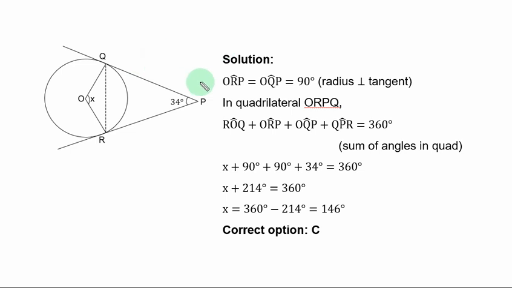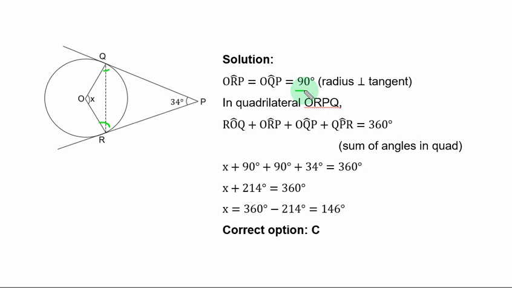Now you should note that anytime a radius intersects with a tangent, the angle formed is 90 degrees. So this angle and this angle are equal to 90 degrees. Radius is perpendicular to a tangent.